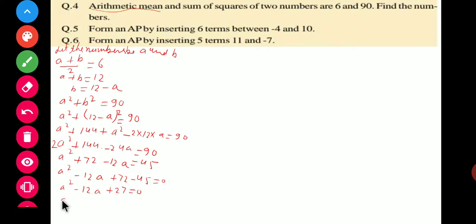Now do the factors. So a square, it is 9 and 3, so a square minus 9a minus 3a plus 27 equal to 0. a is common, so we get a minus 9, minus 3 as common, so we get a minus 9 equal to 0.